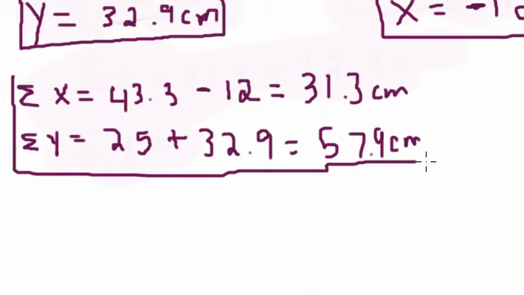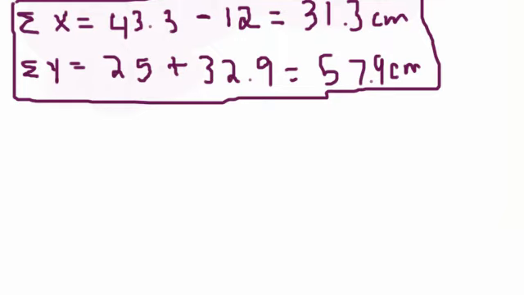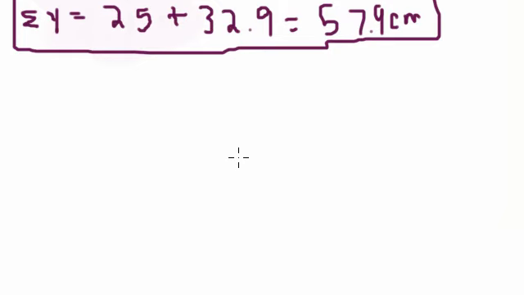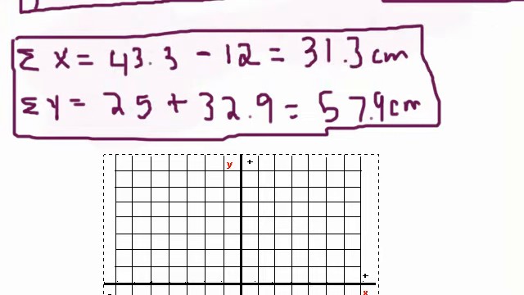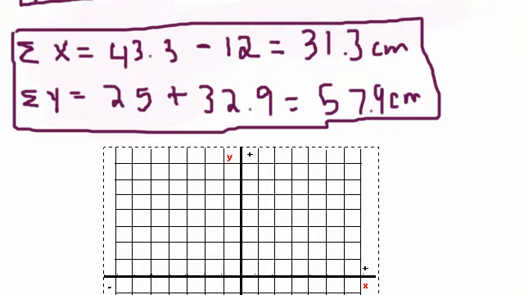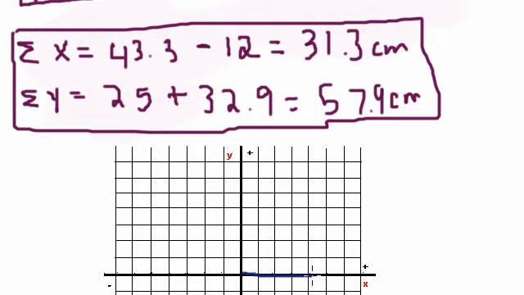Alright, let's make a new graph. Okay, so what do we have? In the x, we have 31.3, and in the y, going up, we have 57.9.